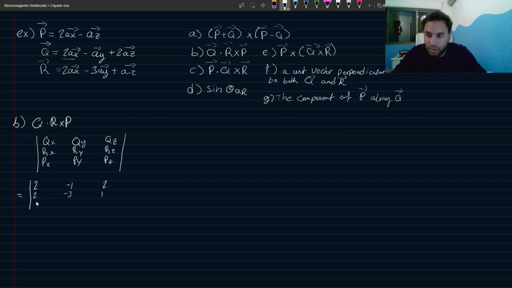And then we have 2, 0, minus 1. Luckily, all the components of x are 2. So we open two parentheses, put 2 in here, and then just like the cross multiplication, we multiply these two together and these two together. This is minus 1.